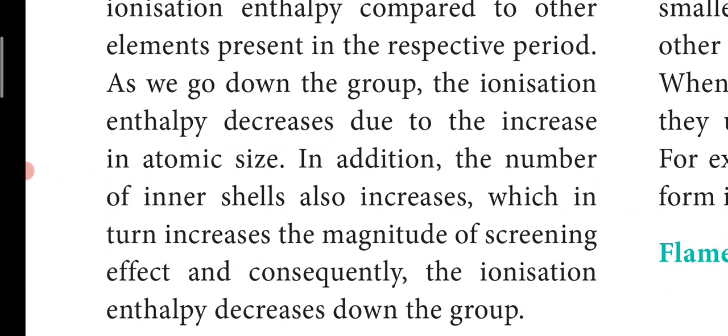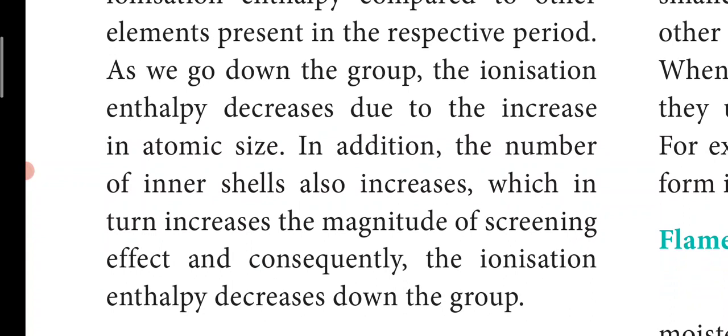So the ionization enthalpy decreases due to the increase in atomic size. We do not need to supply a lot of energy to remove the electron, and with just a little energy we can easily remove it, so the ionization enthalpy decreases.